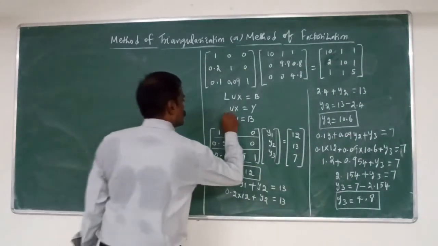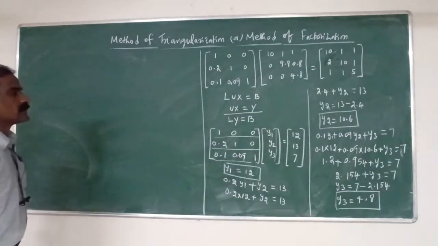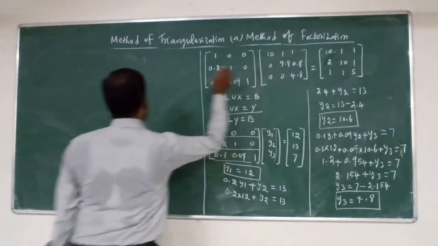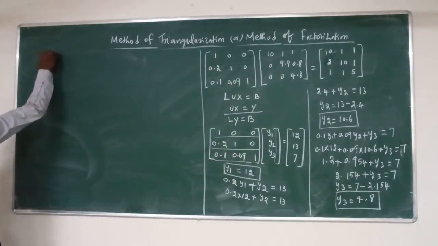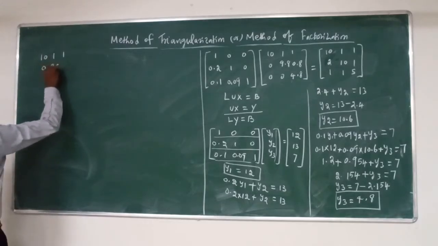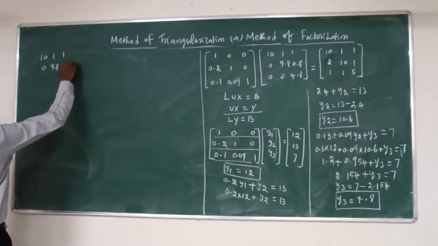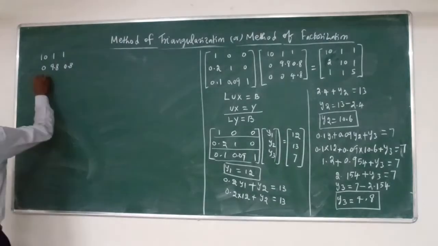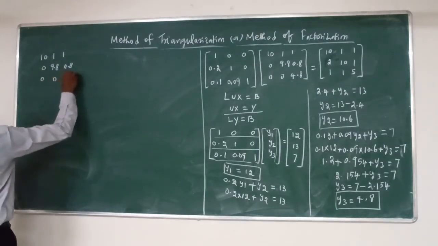For that we use this formula, U. Here the U is 10, 1, 1, 0, 9.8, 0.8, 0, 0, 4.8.